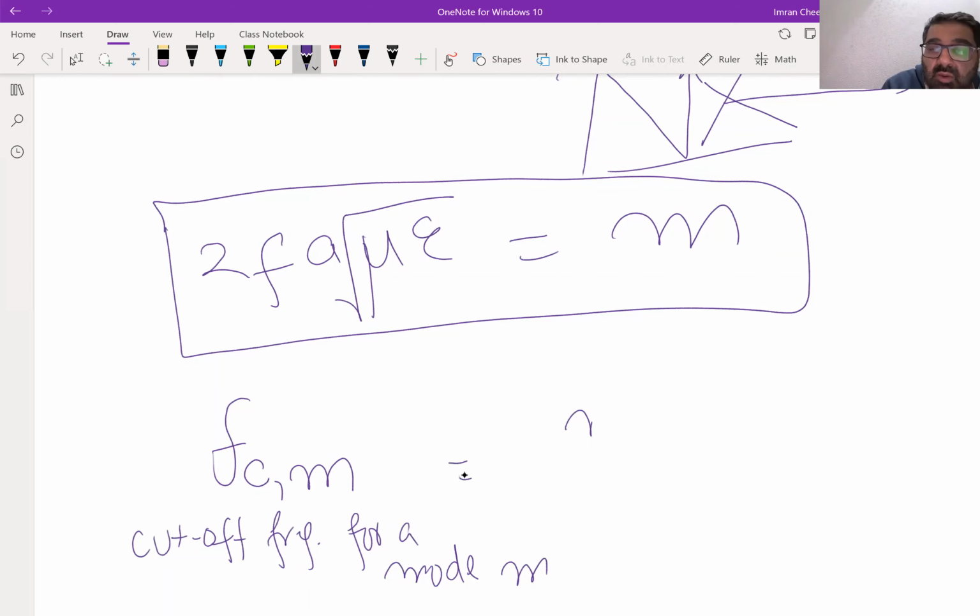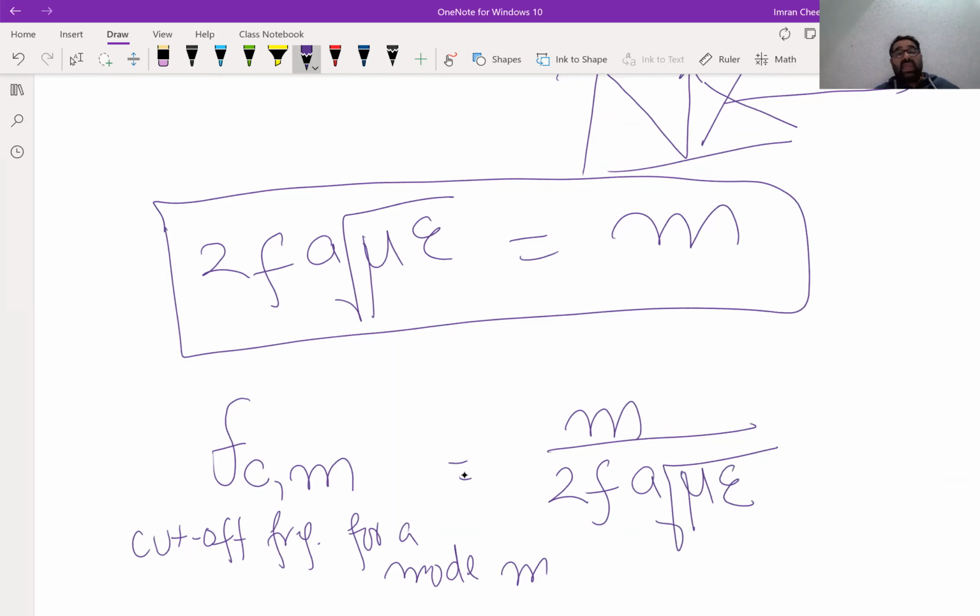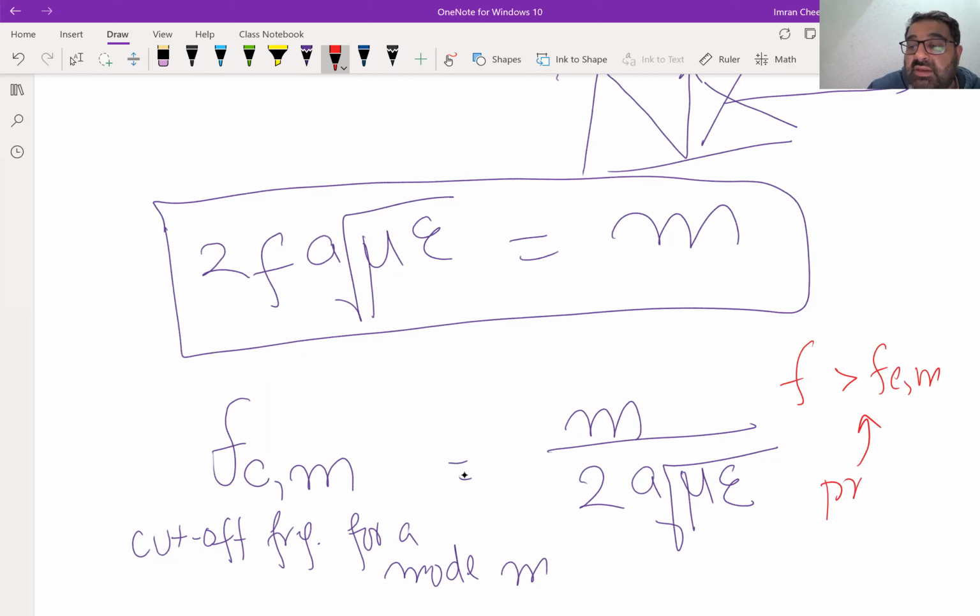Cutoff frequency for a mode m would be m over 2a root mu epsilon. ठीक है, in other words, अगर frequency of the source is greater than the cutoff frequency, you will have the propagation for mode m.